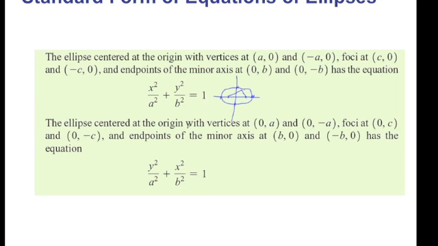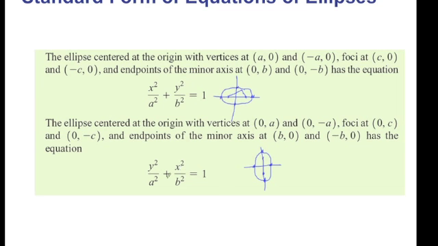Now, the ellipse centered at the origin with vertices on the y-axis means we're going to have a vertical ellipse, going like this. The vertices are at (0, a) and (0, negative a), on the y-axis, the foci are still on the y-axis, and the endpoints of the minor axis are now on the x-axis, (b, 0) and (negative b, 0).